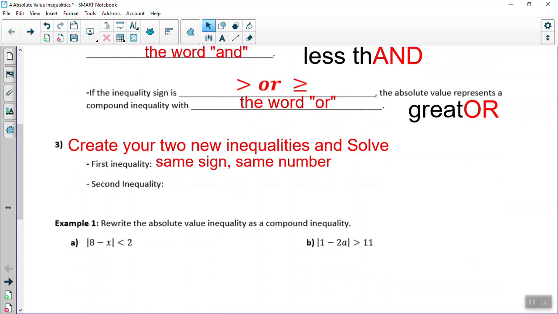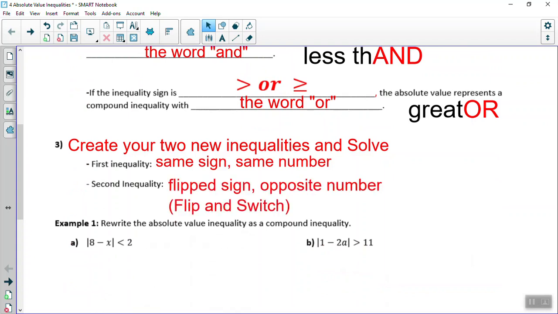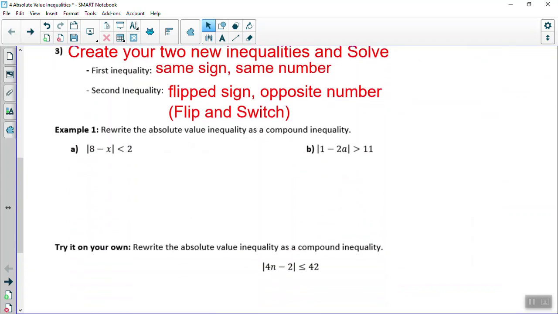That second equation, we always changed that number on the other side of the equal sign to the opposite of what it was in the original equation. Well, same thing here, but now we also have the inequality symbol to look at. So we have to flip our sign and do the opposite number. So I like to say flip and switch. All right, so all we're going to do here is just rewrite the absolute value inequality as a compound inequality.